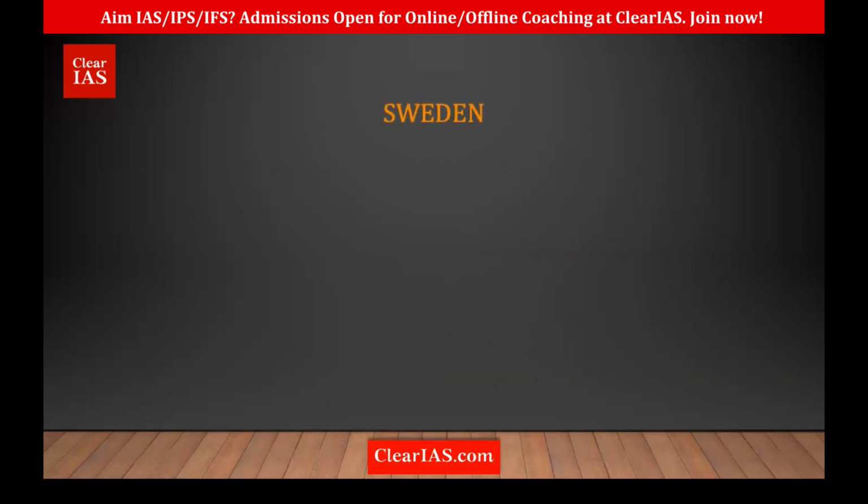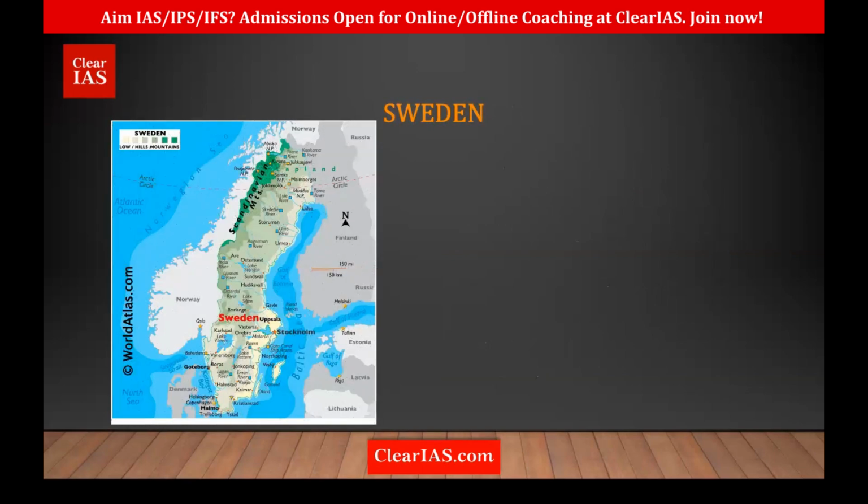Next is Sweden. This part is Sweden. It is part of the Scandinavian mountains and is a Scandinavian country. We have the Norwegian Sea here, the North Sea here, and here we have the Baltic Sea and the Gulf of Bothnia.